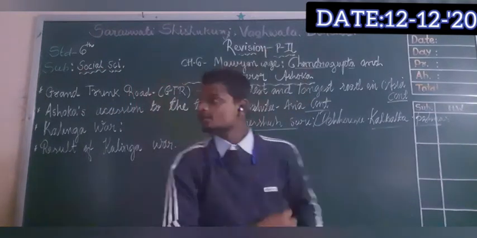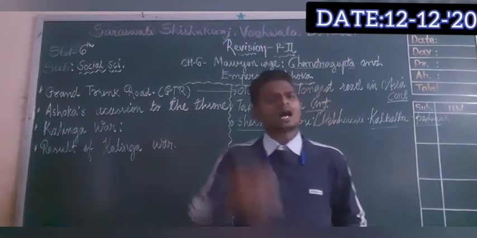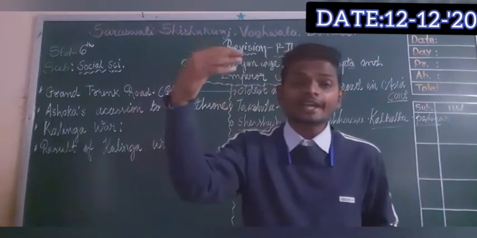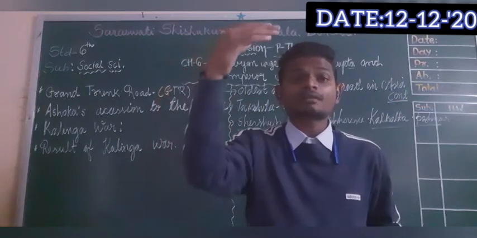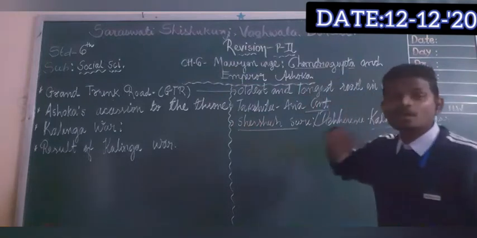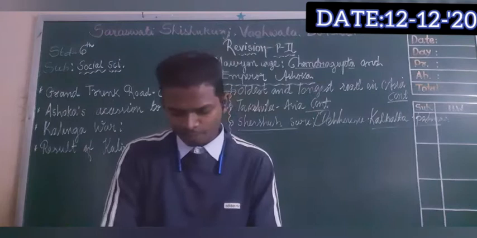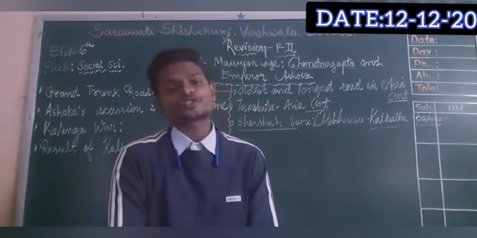Second topic, Ashoka's ascension to the throne. How he became the great ruler, the great emperor of the Mauryan age, we are going to revise once again. Ashoka is regarded as one of the most popular rulers of ancient India.